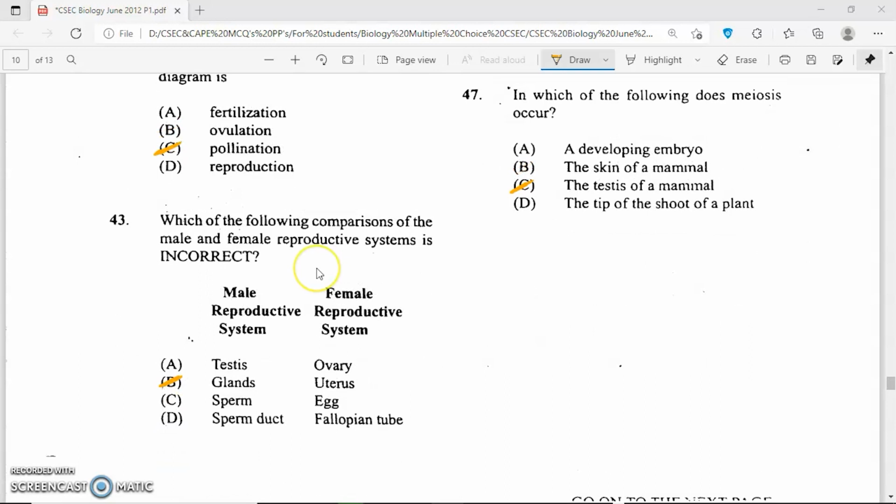Okay, let us look at number 43. Which of the following comparisons of the male and the female reproductive systems is incorrect? The answer here is B. Glands and uterus. That's not correctly compared. You cannot compare the glands of the male reproductive system to the uterus of the female reproductive system.